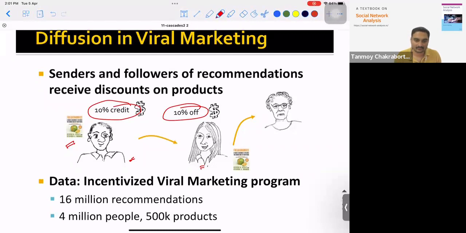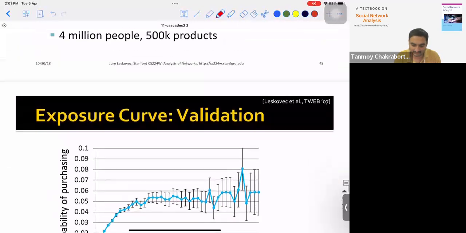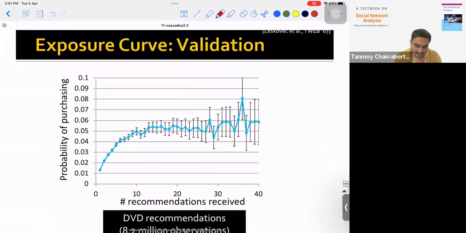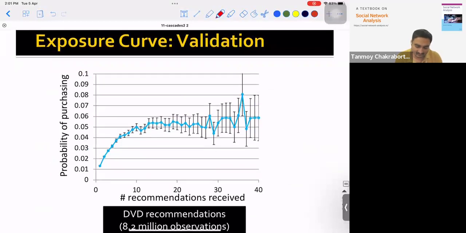Right? So there was a very interesting study, where the data was collected from such an e-commerce service with around 16 million recommendations, around 4 million people, and around 500K products, right? And if you see the exposure curve, on the x-axis you see the number of recommendations received, and y-axis is the number of purchases.